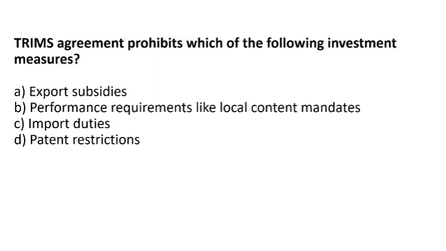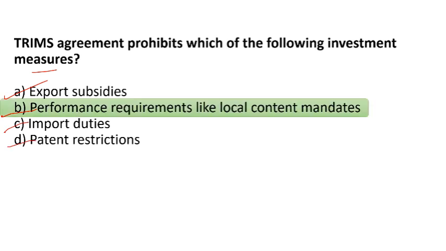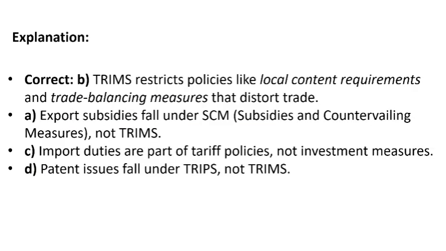Next, TRIMS agreement prohibits which of the following investment measures? Export subsidies, performance requirements like local content mandates, import duties, or patent restrictions. It is related to the performance requirements like local content mandates. TRIMS restricts policies like local content requirements and trade balancing measures that distort trade.